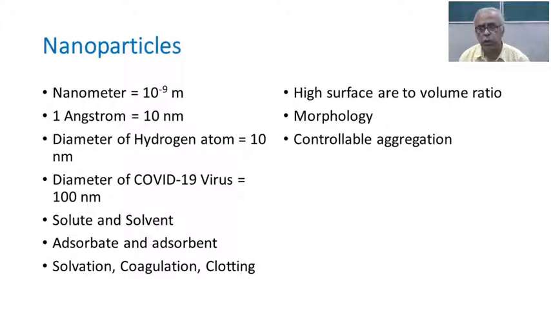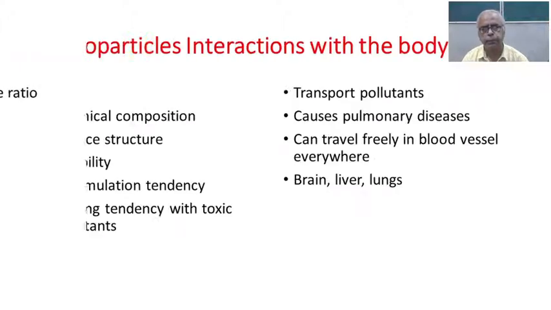Sometimes it can go uncontrollably also, and they can aggregate themselves, but by using proper techniques it can be controlled. That is, the aggregation of nanoparticles as a monolayer can be controlled also, but it is based on the substrate where it is going to have the contact.